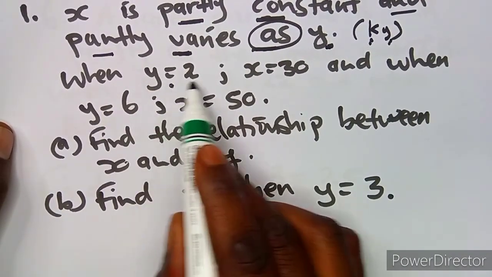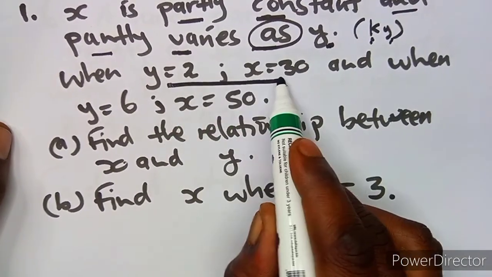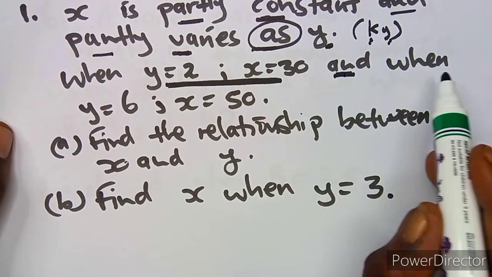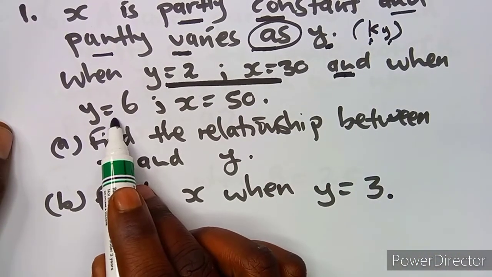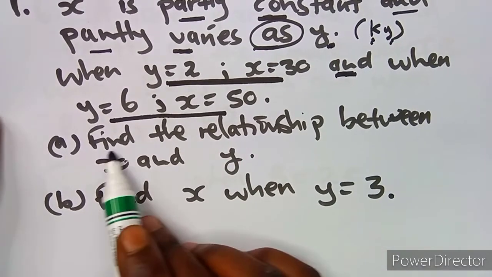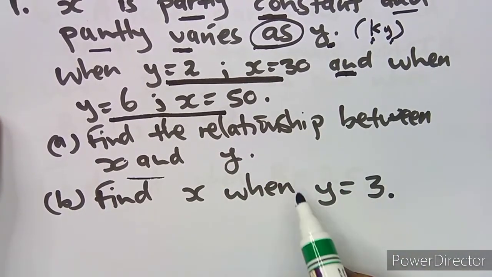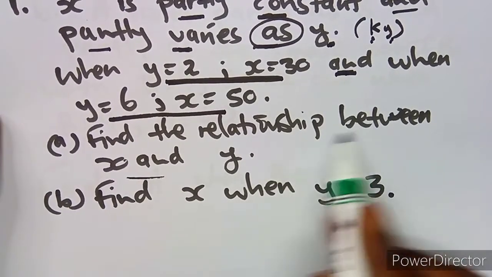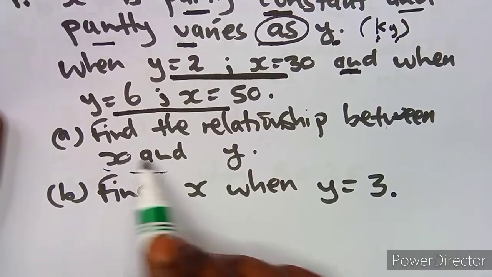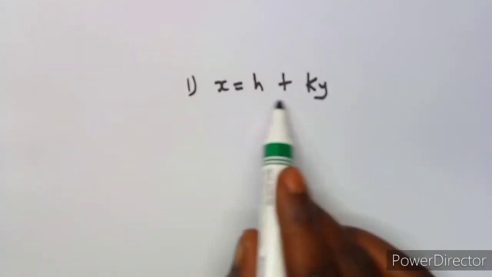When Y is 2, X is 30, these two are working together. When Y is equal to 6, X is equal to 50, this is another information which works together. So find the relationship between X and Y, the relationship that connects X and Y without the letters H and K.